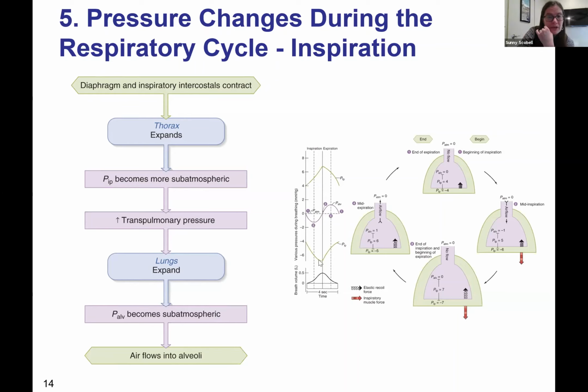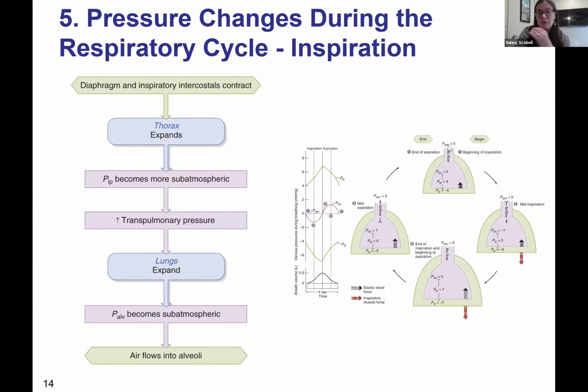Because we're making a bigger vacuum here, we actually increase that transmural pressure. Okay, so let's walk through a whole cycle. All right, and then you can see in your pictures here the different values that we've got. And then something to note, the elastic recoil force is shown here in this little springy arrow, and the inspiratory muscle force, that of the diaphragm, is shown here in this little red arrow.